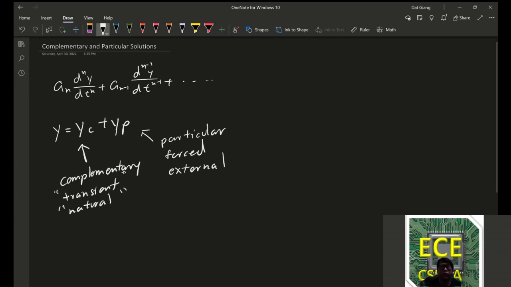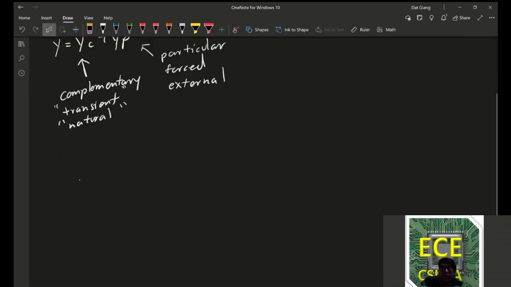Now first, the complementary solution is any solution given by C1y1 plus C2y2 plus and so on up to Cnyn for an nth order differential equation.